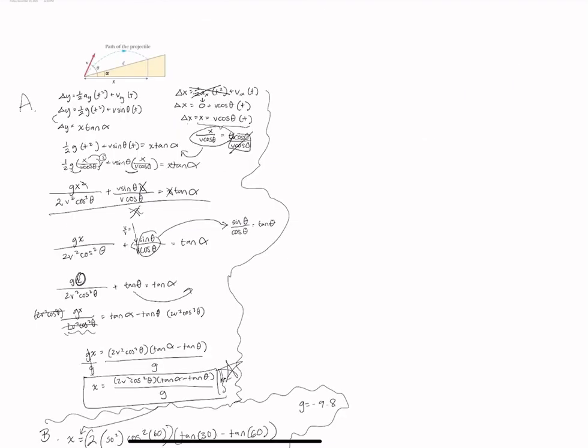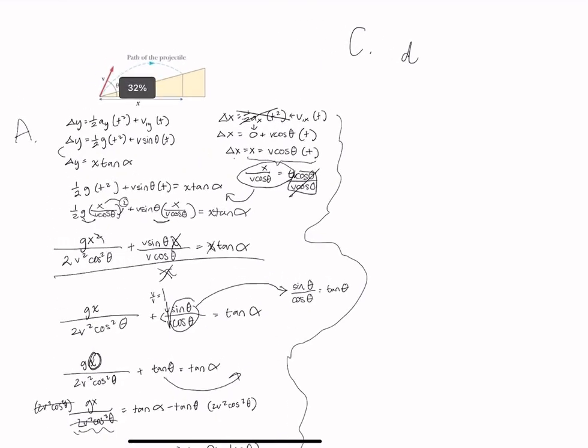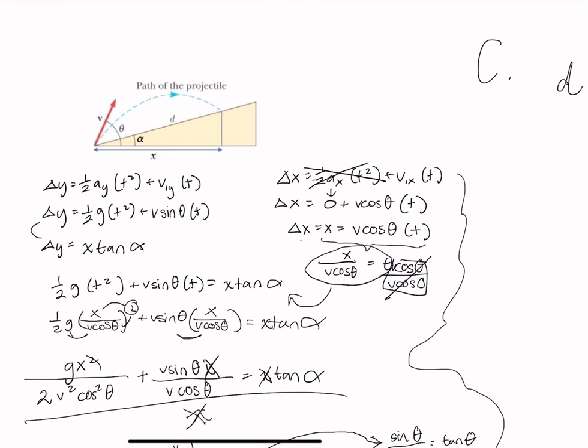Okay, so in part C, it gives us a d equation to prove. So let's look at the triangle. Now this is the d that we're trying to solve for. So let's just focus on this triangle here, the incline that they give us. Now they give us this angle alpha, and this side, y, is opposite to alpha.